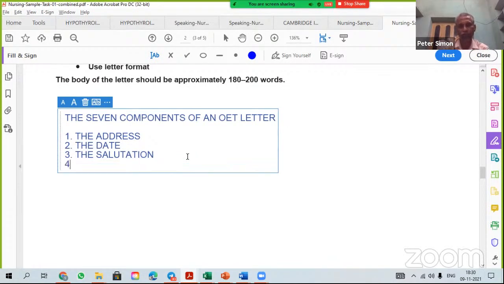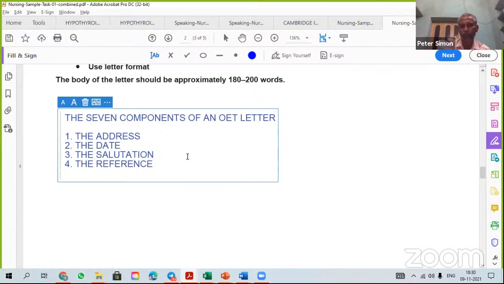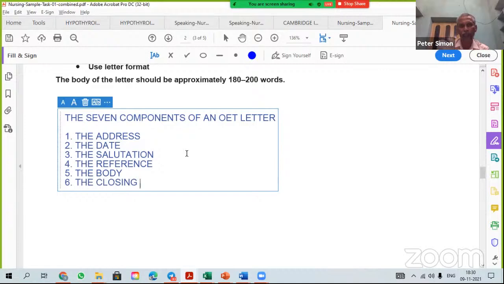Number 4, the subject line or the reference. Number 5, the body. Number 6, the closing remarks. Number 7, the sender's particulars.